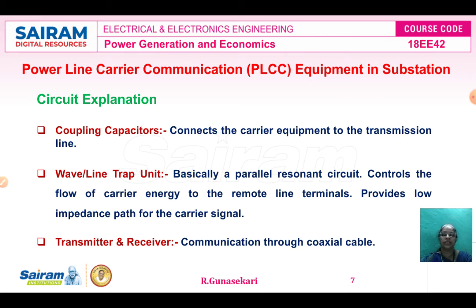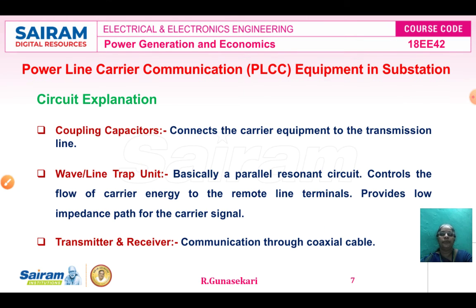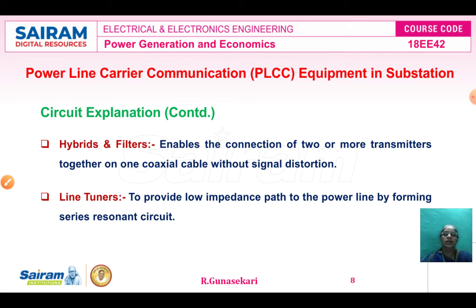Then transmitter and receiver, which are used for communication through coaxial cable. Now you see the circuit diagram. This is the transmitter and receiver for station A and station B. The transmitter and the receiver are both used for communication purposes only. Then hybrids and filters.